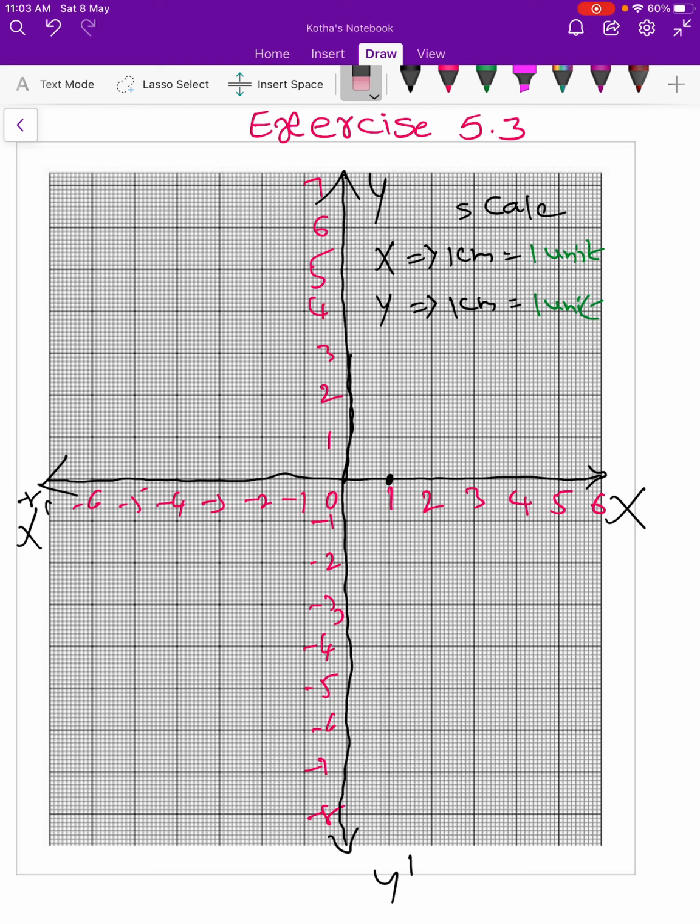In this bit he gave some points and we need to represent those points as well as join them. The first point he gave is 2, 5. So this is the point where 2, 5 lies. And next 4, 7. This is the point. And he is asking to join these 2 points also.